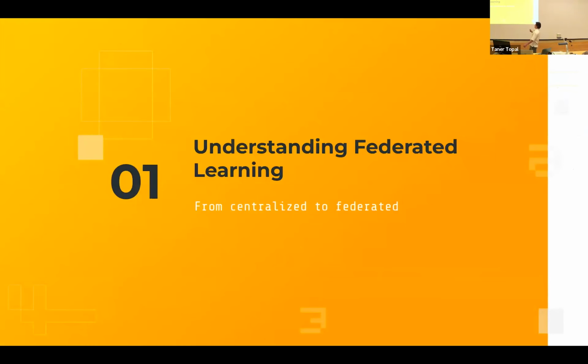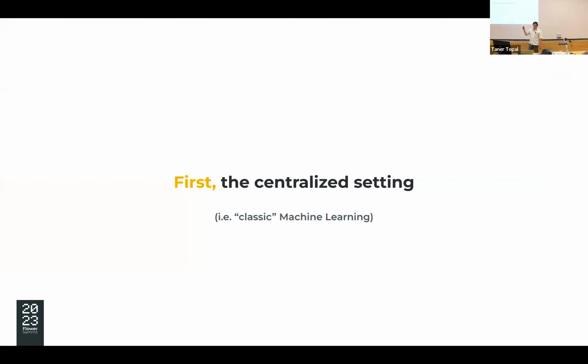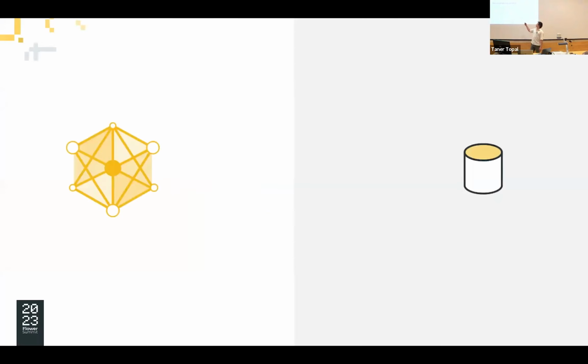As I said, we're going to start by trying to understand federated learning, focusing first on the centralized setting. What I mean by centralized is the classic machine learning pipeline. Usually when we talk about machine learning, we mean that we have some data, here the cylinder on the right, and we have some kind of model.